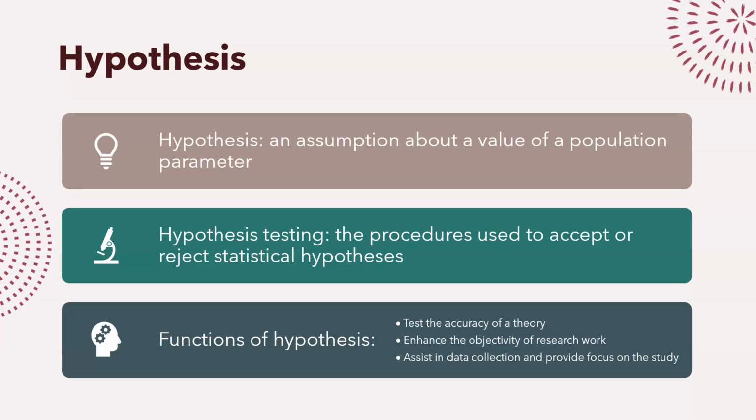The important functions of a hypothesis are to test the truth or accuracy of a theory, enhance the objectivity and purpose of research work, and help researchers in prioritizing data collection, hence providing focus on the study.